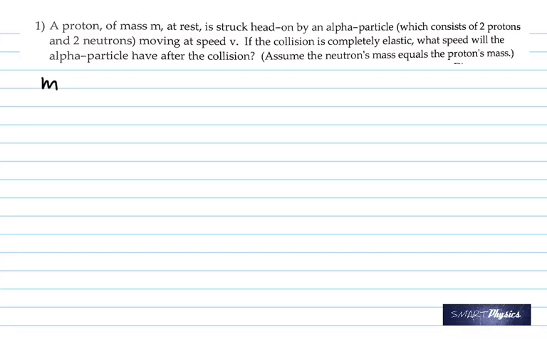Okay. And so we proceed from there. We know the masses of both. We know the velocity of the alpha particle before the collision, and we have to find the speed of the alpha particle after the collision.